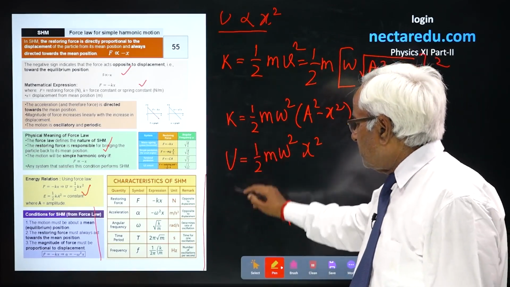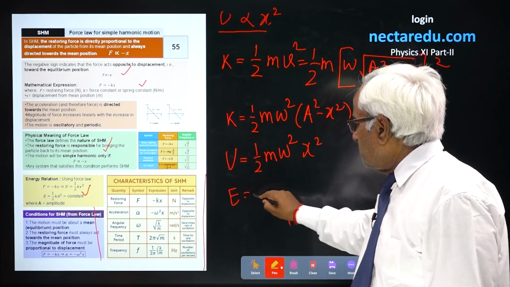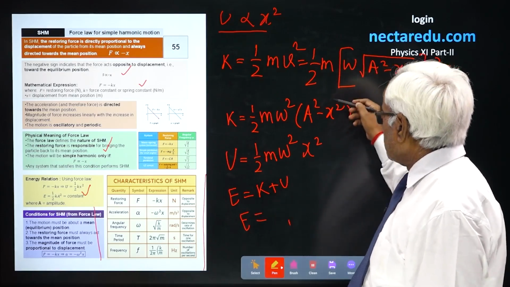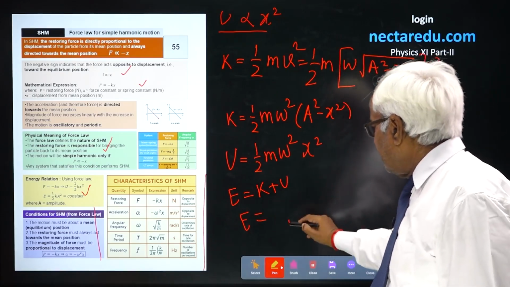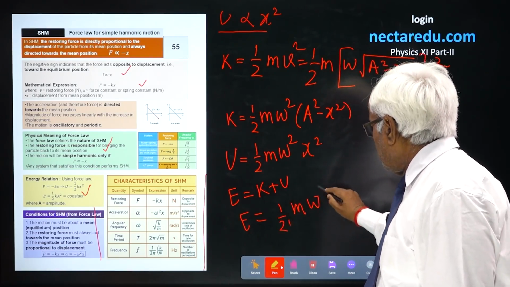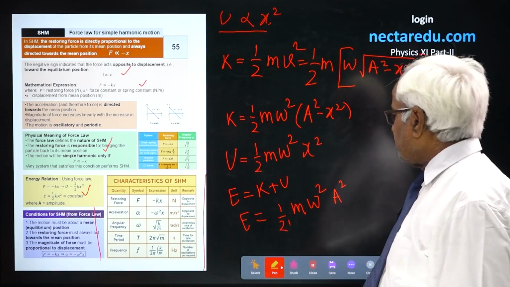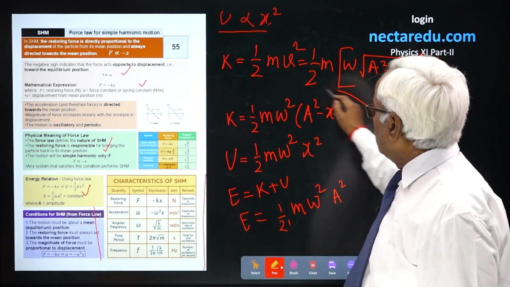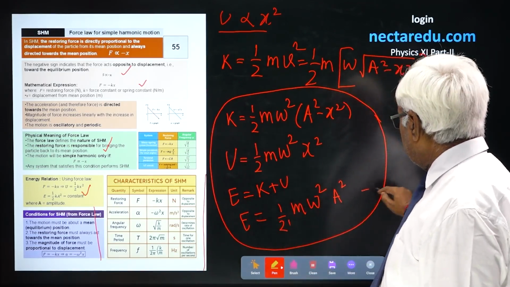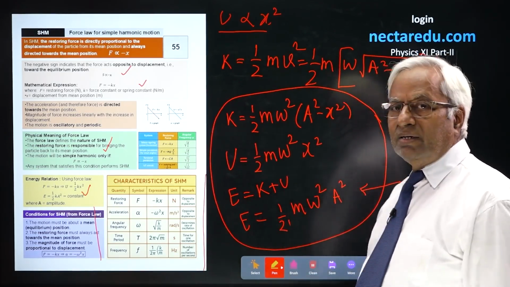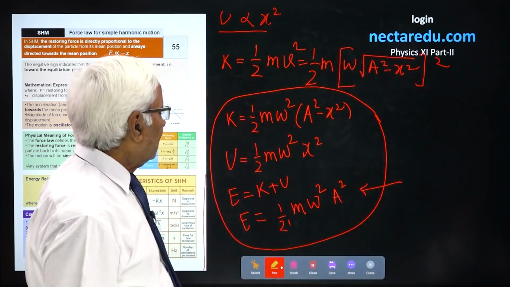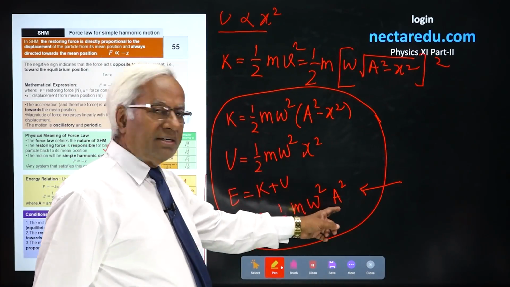If you want to sum up the two, that is, find the total energy, the sum of kinetic and potential, these two x square terms, plus and minus, will get cancelled and you will get the final relation for total energy, half m omega square a square. So, these are the three terms. Total energy has one very important characteristic: it does not have any term with displacement.